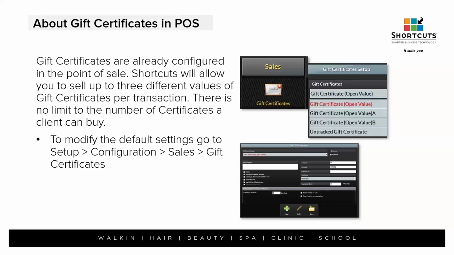And then if the customer says, and I'd also like a $75 or a $100 gift card, that's when you would choose Open Value A or B. You tell Shortcuts that one Open Value card is worth $50, Open Value A is worth $75, and Open Value B is worth $100. That's why you have multiple options. And again, this is already configured in the system. So regardless of your business, Shortcuts is ready to start selling and redeeming gift certificates.